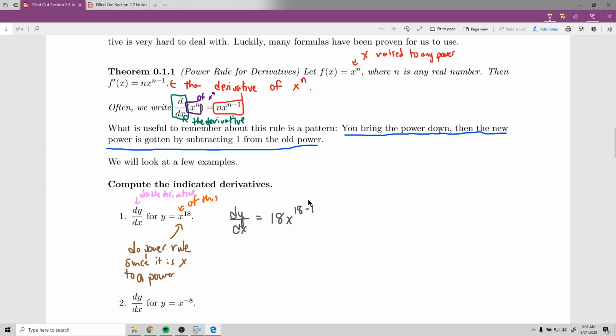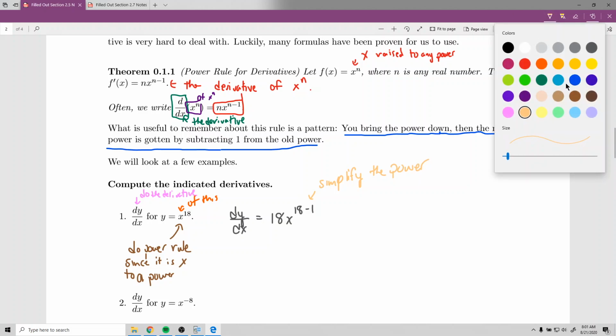The reason you'll want to do this is that sometimes when you have fractions or negative numbers, it's easy to go too fast and mess up. After you implement the power rule like this, simplifying the power is all you need to do to finish up.